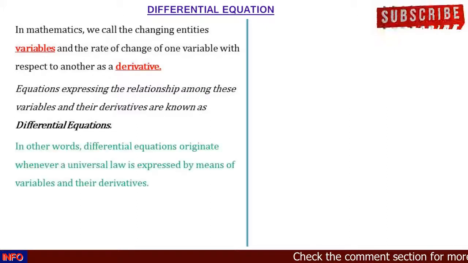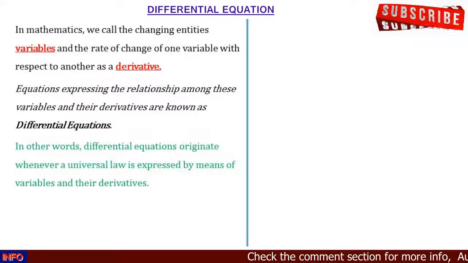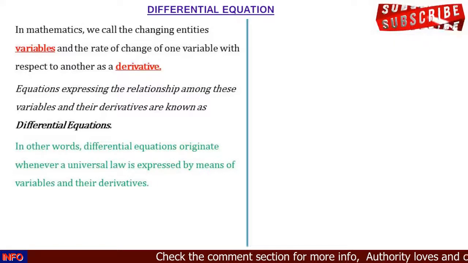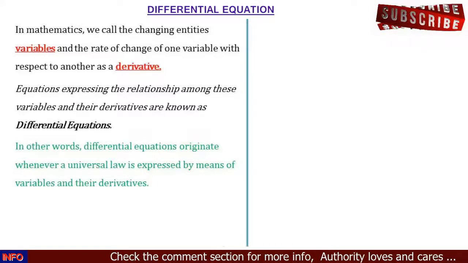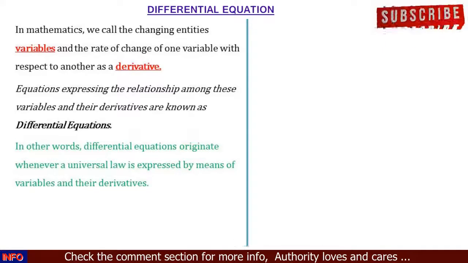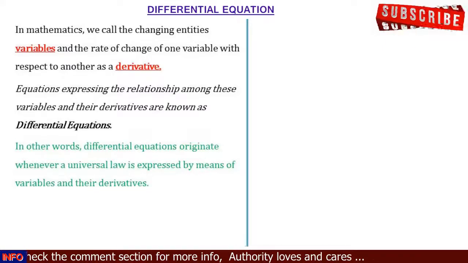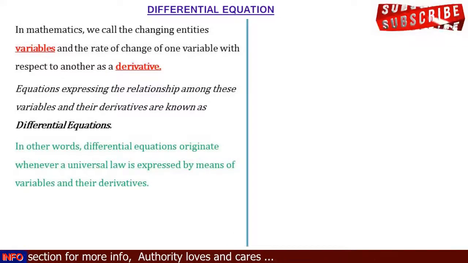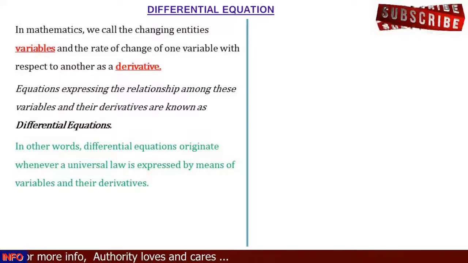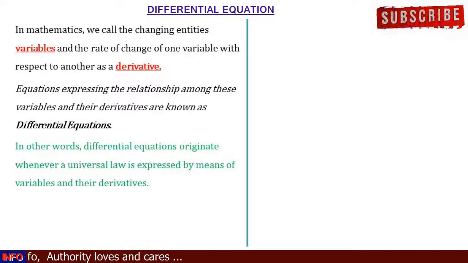Okay, so in another word, a differential equation originates whenever a universal law is expressed by means of variables and their derivatives. Okay, now let's go.